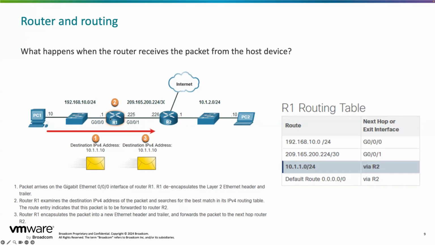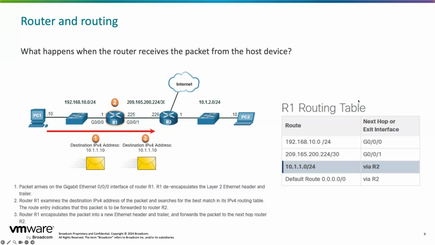R1 receives this packet on this interface, which is GigabitEthernet 0/0/0. It examines the packet's destination and tries to search for the best path by checking its routing table. By checking the routing table, R1 makes a decision on how to forward this packet.